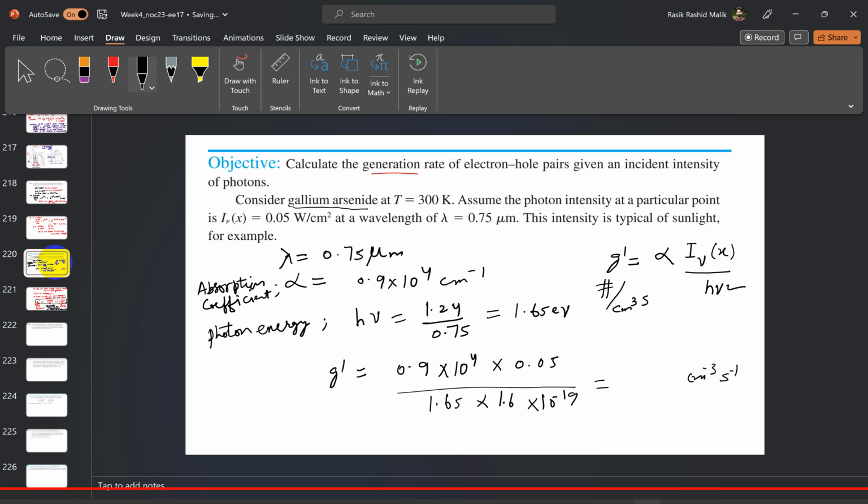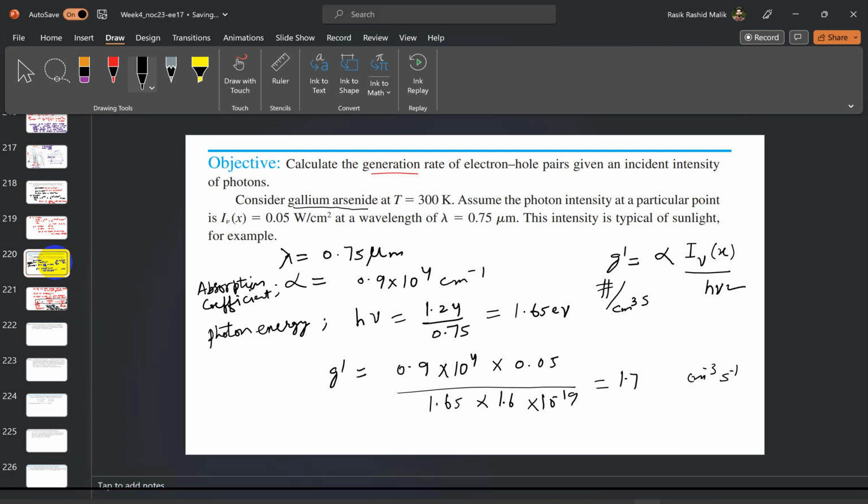Let's calculate this value. 0.9 into 0.05 divided by 1.65 divided by 1.6. So the value is coming out to be 1.7 into 10 to the power 21.